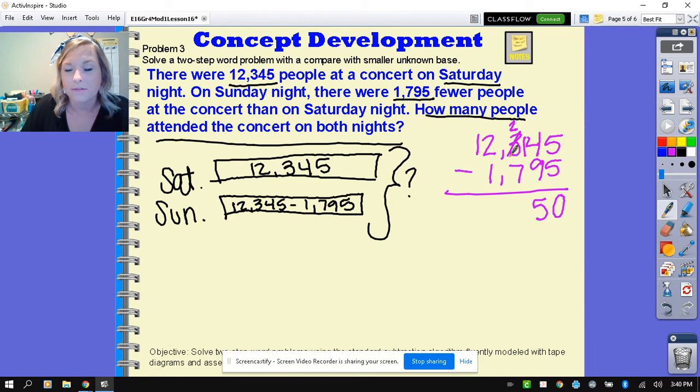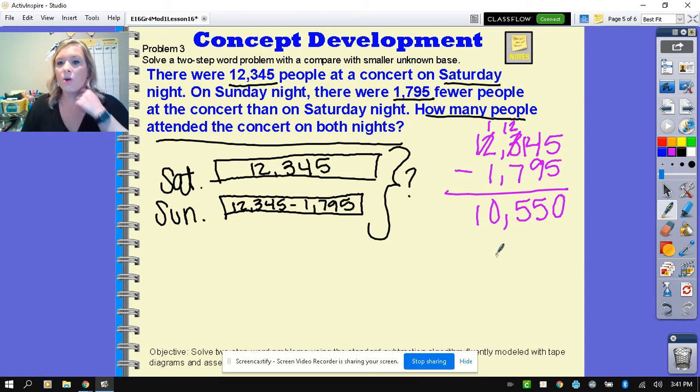Again, my big number is on the floor, so I'm going to go next door. 2 becomes a 1, and here we make this into a 12. 12 minus 7 is 5, and the rest, 1 minus 1 would be 0, and 1 minus nothing would be 1. So we have 10,550. That would be what's represented for Sunday.